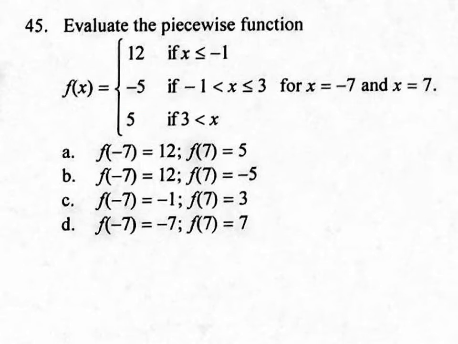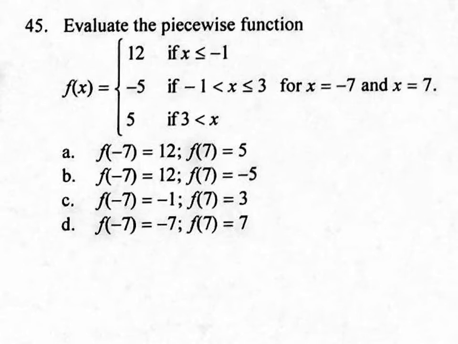Use 5 if your x value is greater than 3. When we look at the input of -7, -7 is definitely less than or equal to -1, and +7 is not between these, it's actually greater than 3.